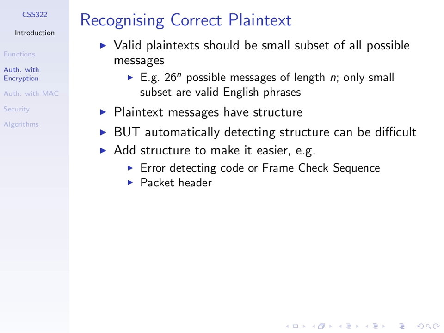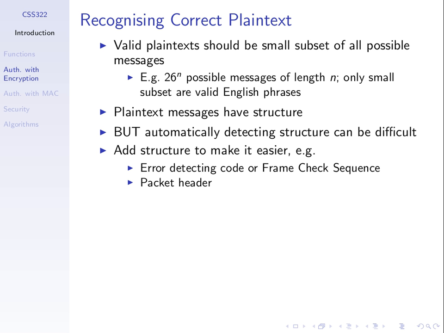Take n equal 4 as a simple example. You write down all the possible values of 4 letters in length, and there are 26 to the power of 4 possible values, all up to z, z, z, z.